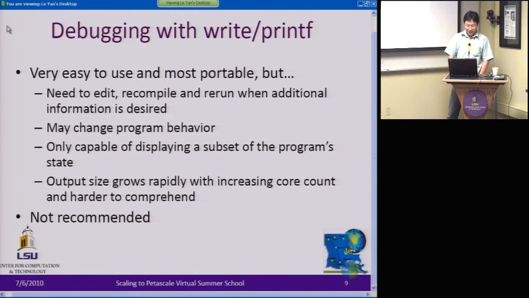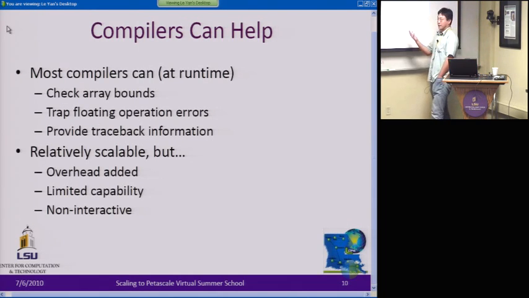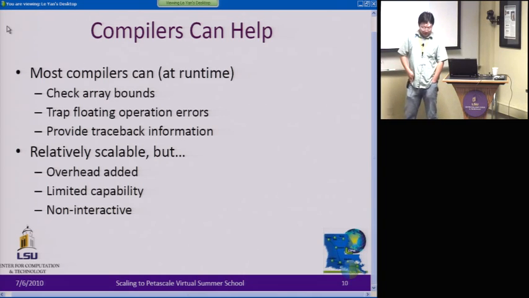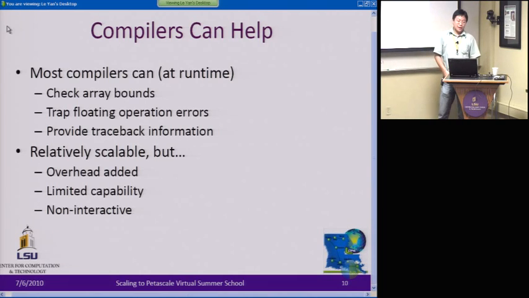Of course it's not recommended to skip it, and compilers can help. I think Galen mentioned this morning that the web page he mentioned is a good source of information.